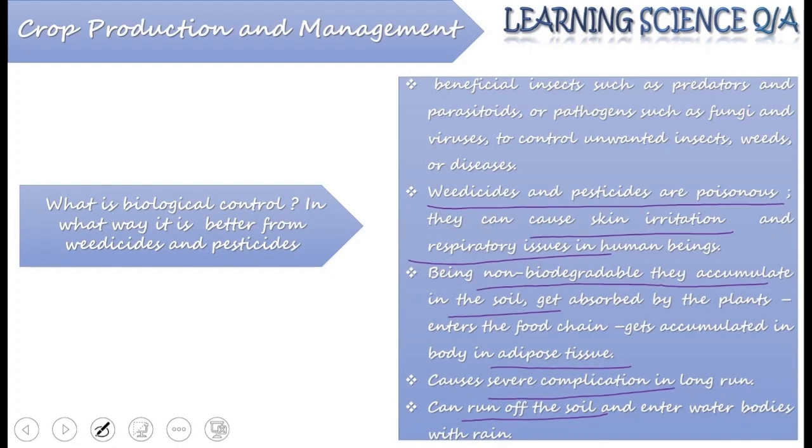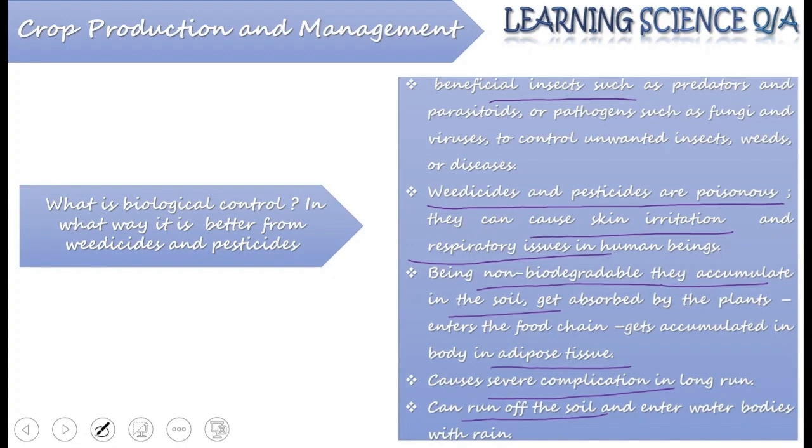Coming to the biological control and in what way it is better. The biological control is surely better than the chemical control because it uses beneficial insects like natural predators, parasitoids or pathogens that can control the growth of these unwanted insects, diseases or many times the weeds.